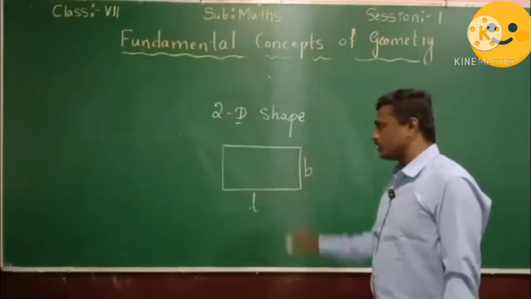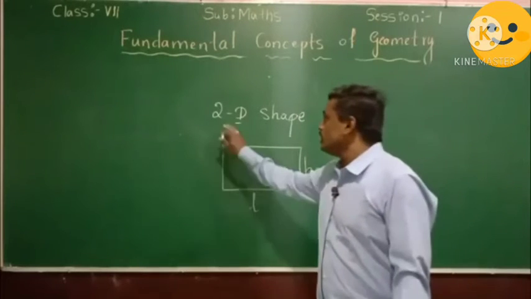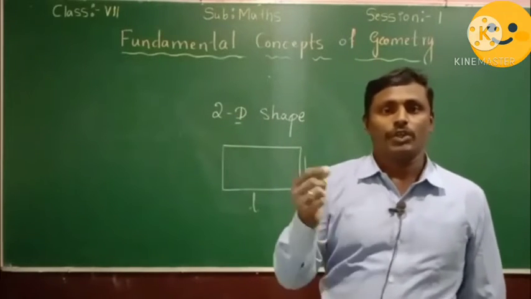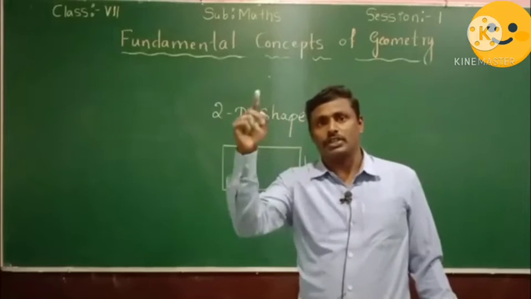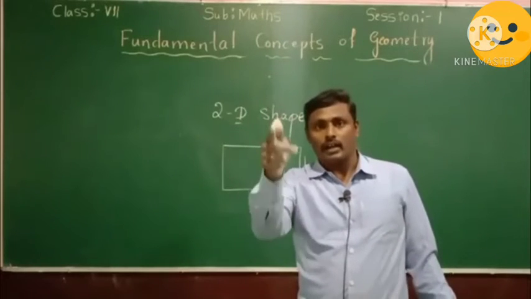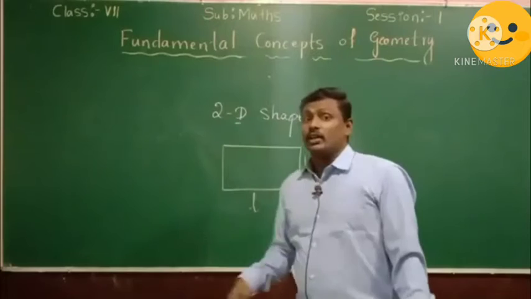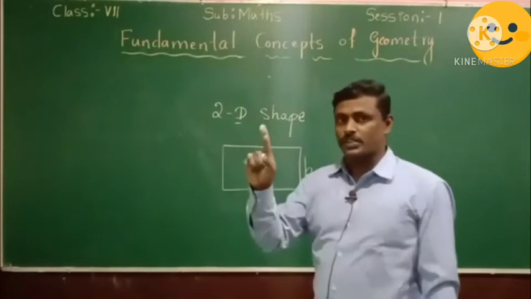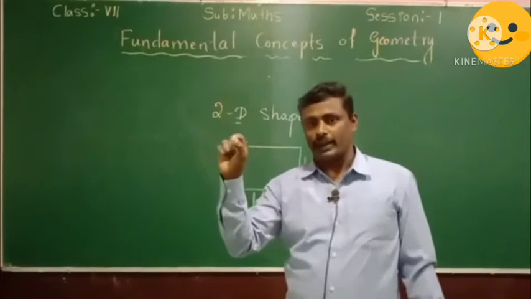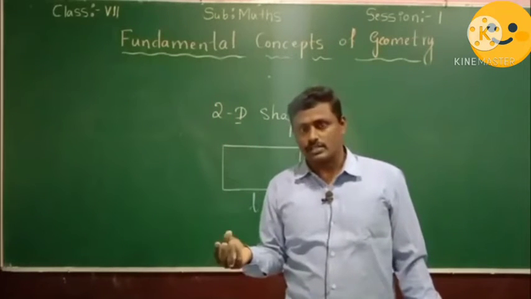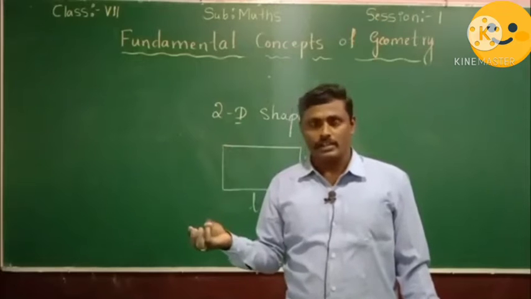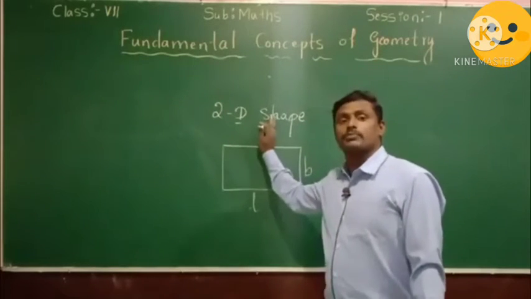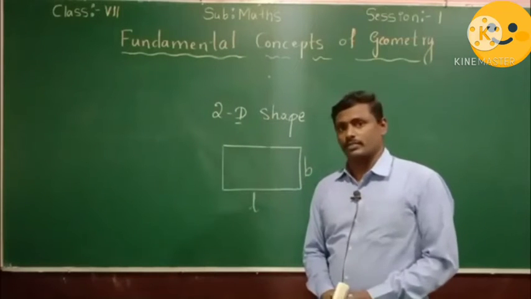It has length and breadth, so these types of shapes are called 2D shapes. Examples of 2D shapes: square, rectangle, rhombus, parallelogram, kite, trapezium. These are some basic examples of 2D shapes.